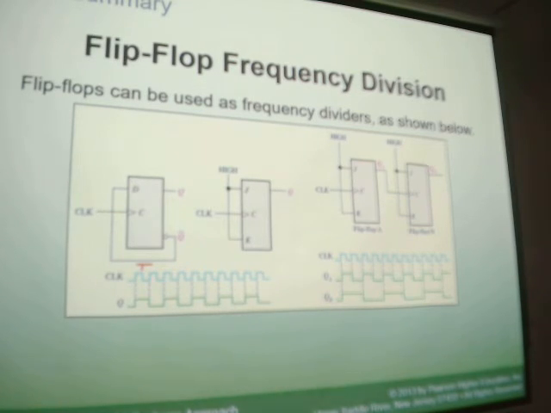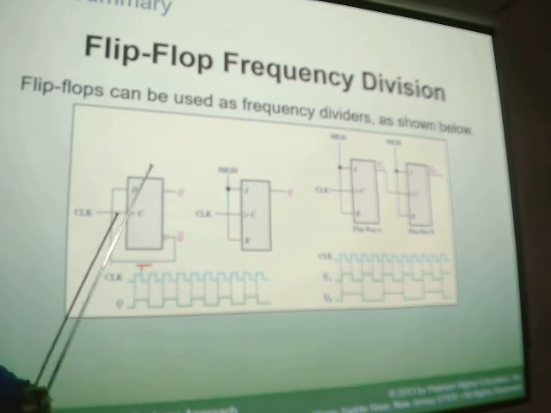So it can be used for reference division, because F clock divided by FQ equals 2. For the 4 cycle, the frequency is divided in the 4 cycle.